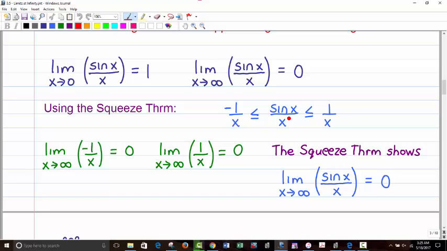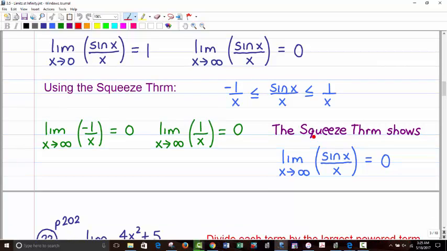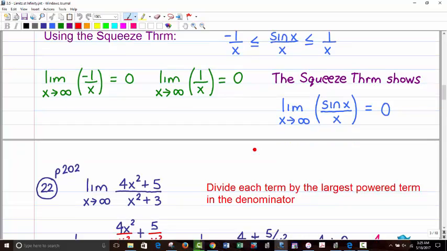And since sine x over x is squeezed in between those two functions, it would have to go to 0. So that's a real good use of the squeeze theorem. It's more precise than what I was saying about numbers floating around, but it's clearly going to go to 0 because it's basically a constant over infinity. It's not a fixed constant, but it's still a constant.